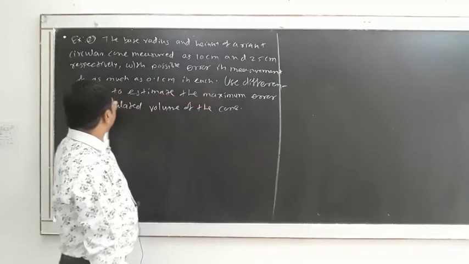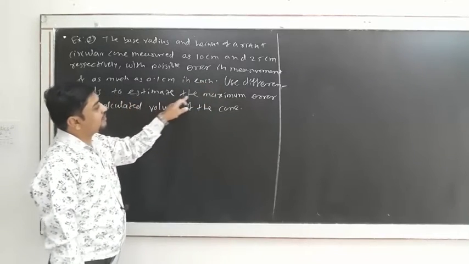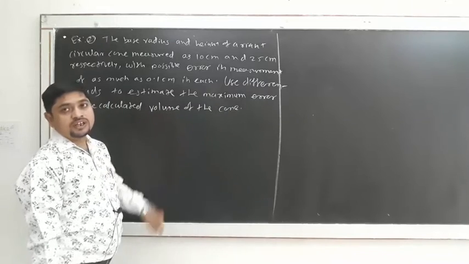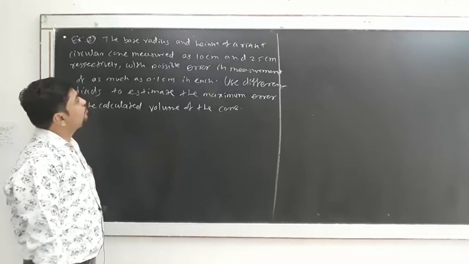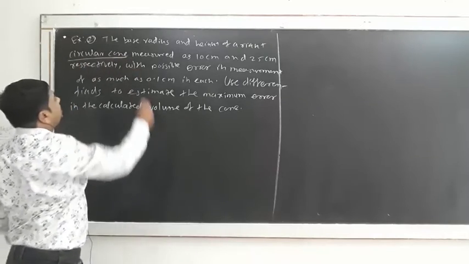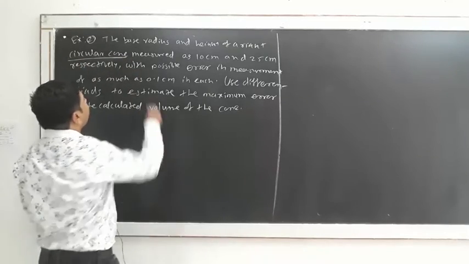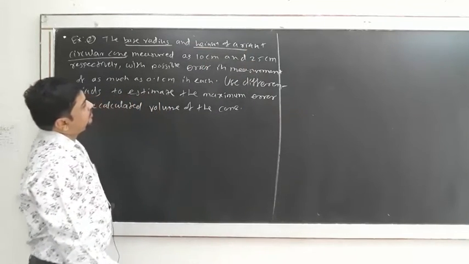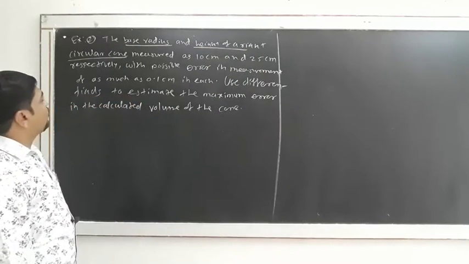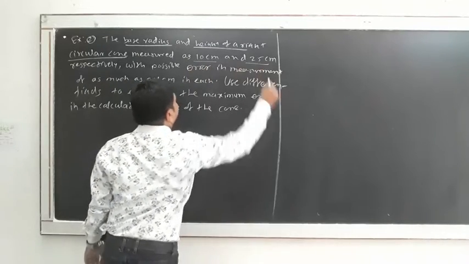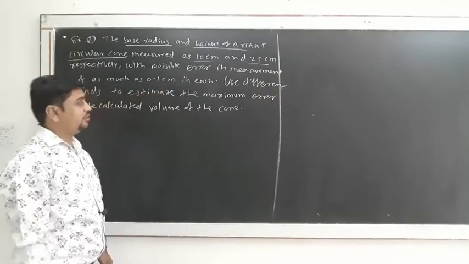Use the differential to estimate the maximum error in the calculated volume of the cone. So we are given a circular cone, with its base radius and height given as 10 and 25 centimeter respectively.